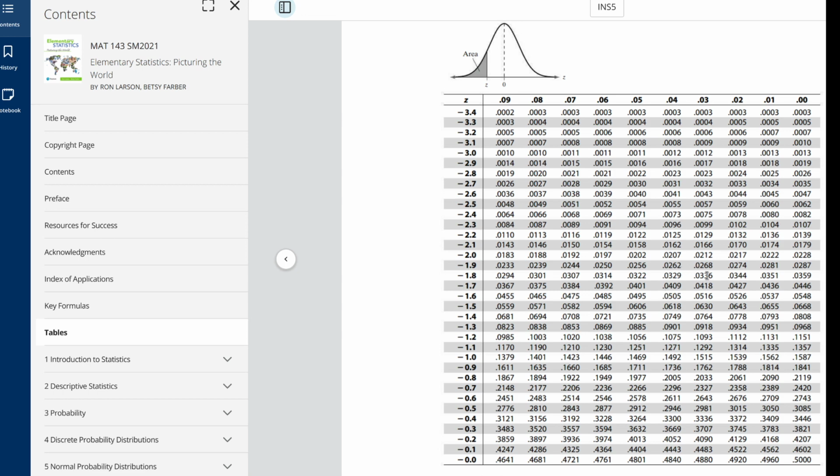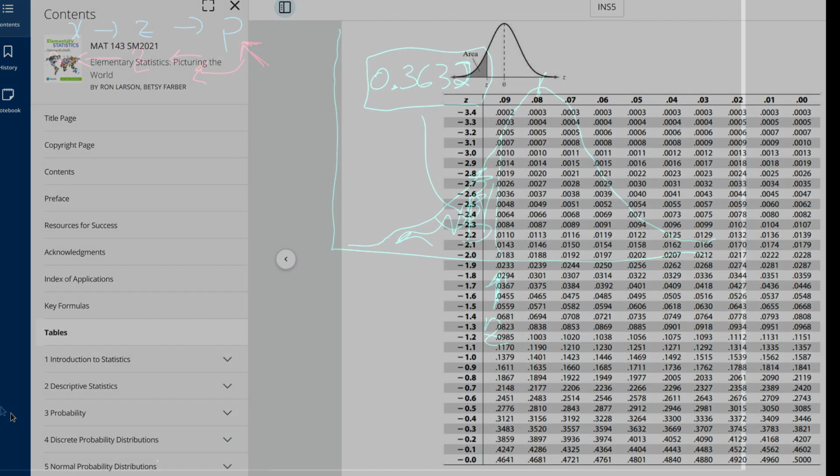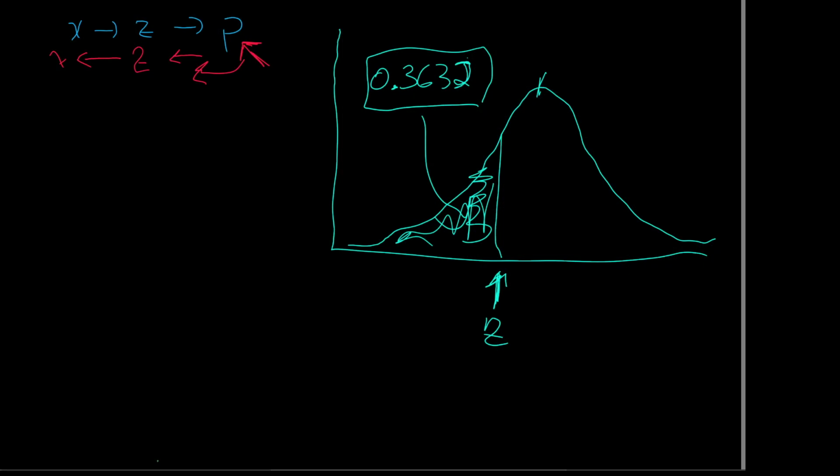I look through here, and here's 0.3632, it's right here. And that's at negative 0.35. So this corresponds with a z-score of negative 0.35.